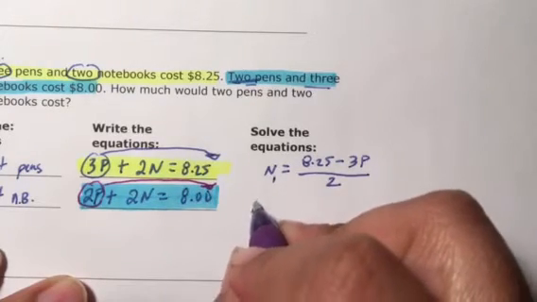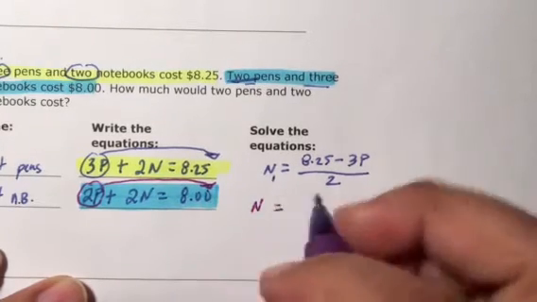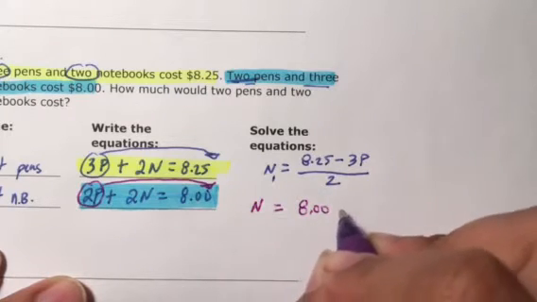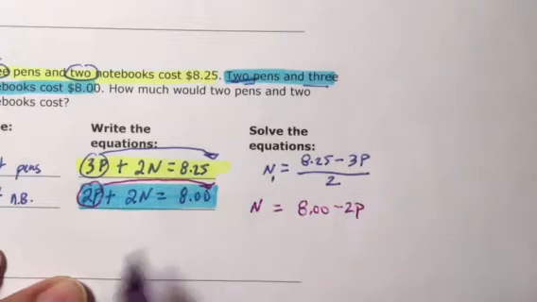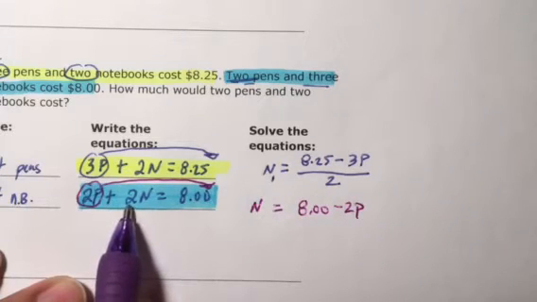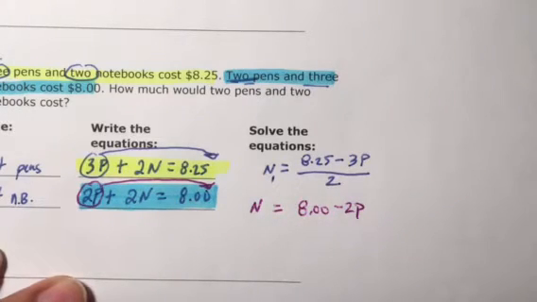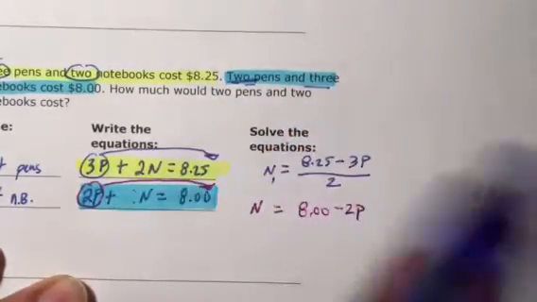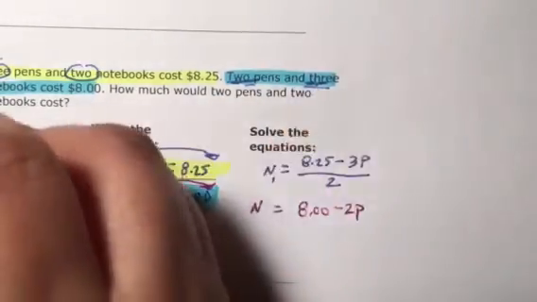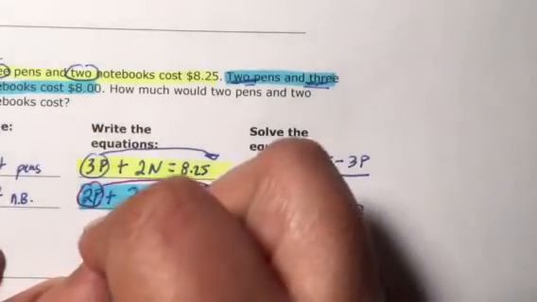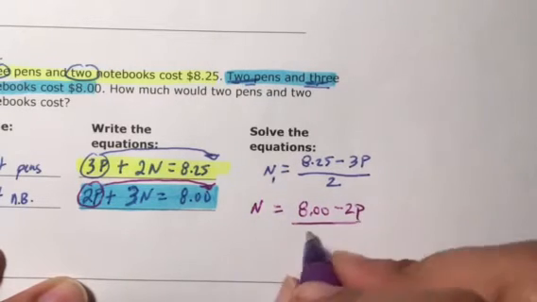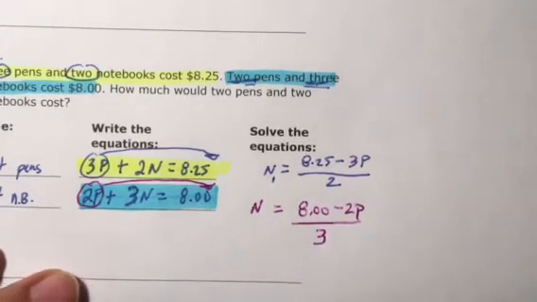So I'm looking at N equals 8.00 minus 2P, and then I have to divide by the number in front of the Y. And I just realized this number should be a 3. So I apologize. This was 3 notebooks. So hopefully someone was saying in their head at least, that should have been a 3, and you would have been correct.